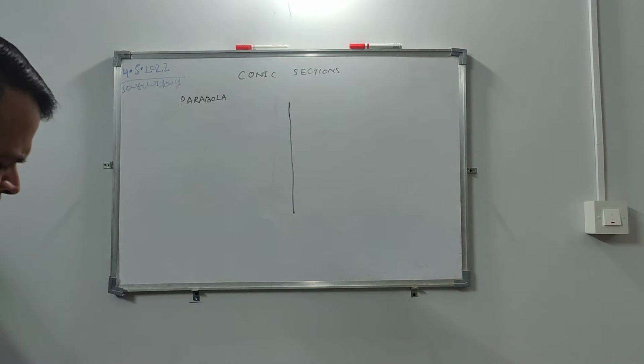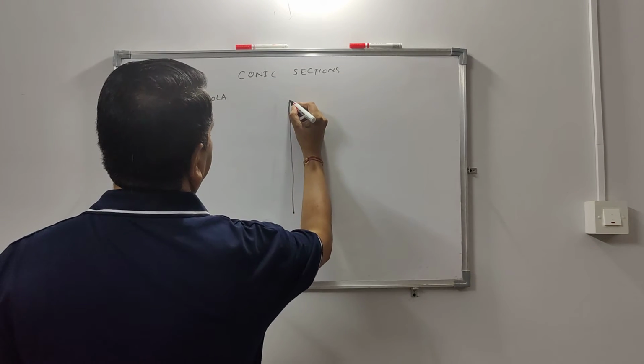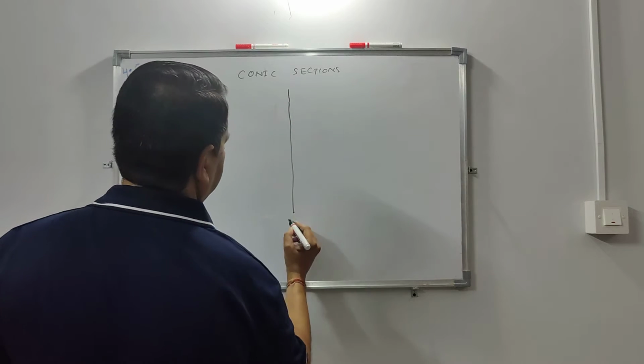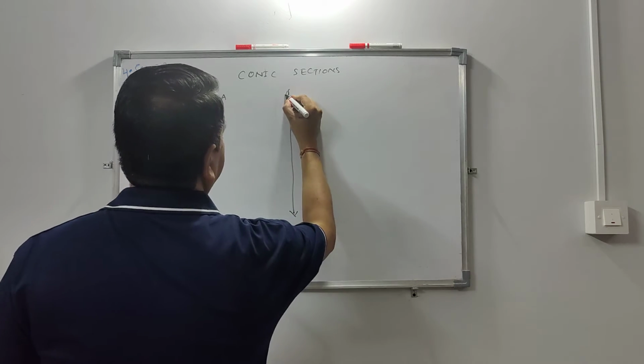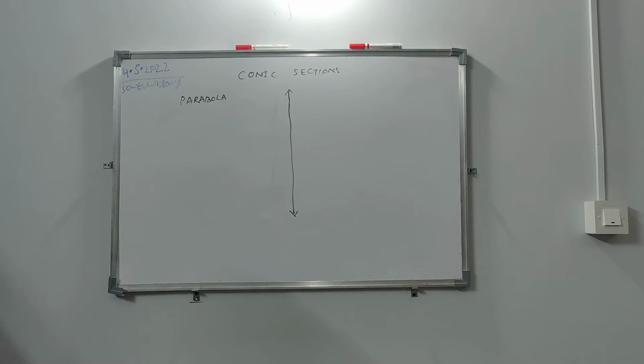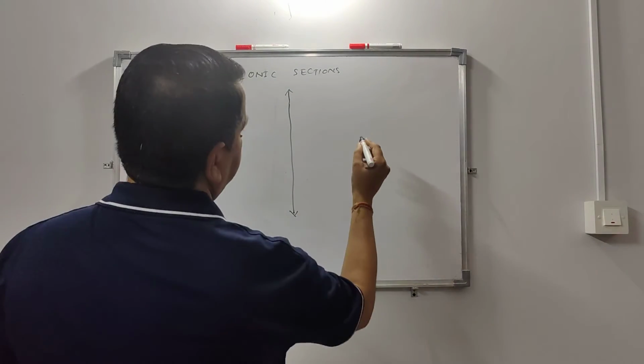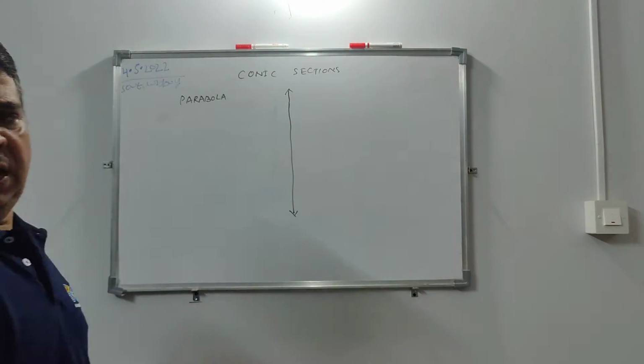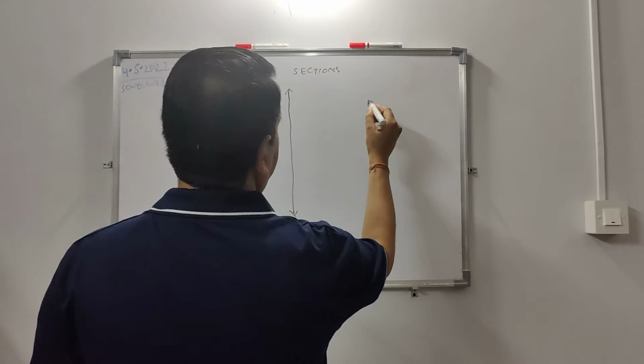Let's say this is my axis. So let me draw a line, a parabolic line. Okay.